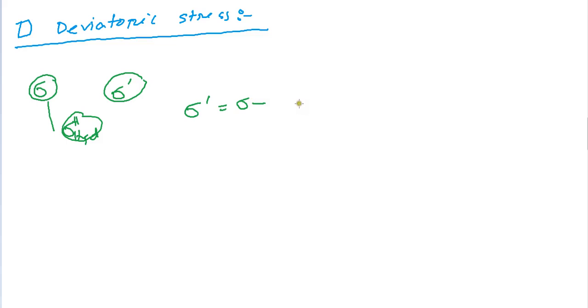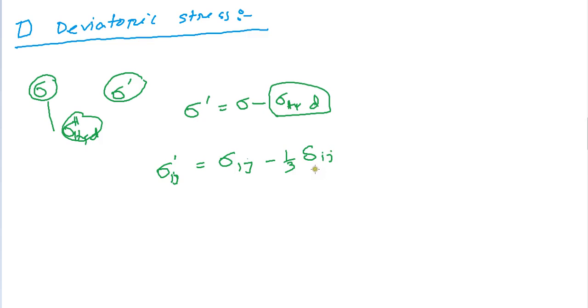So sigma prime equals sigma minus sigma hydrostatic. In tensor notation, it can be written as sigma prime ij equals sigma ij minus one third delta ij sigma kk, where delta ij is the Kronecker delta.